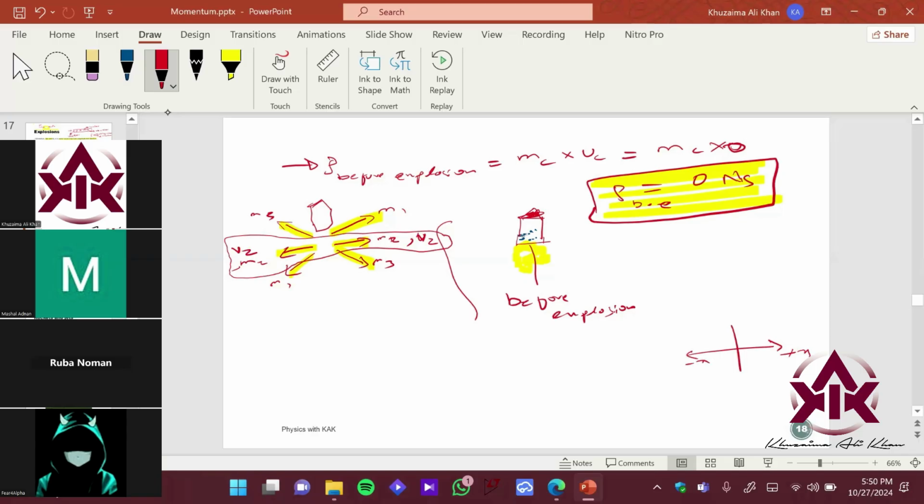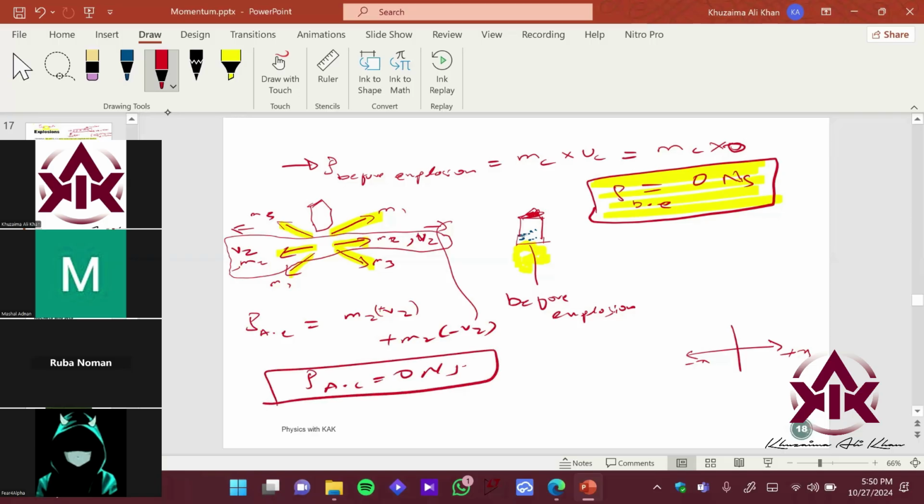So if you find the momentum after explosion, that is going to be as follows, right? That is M2 V2, the V2 is going to be positive because this is in the right direction, and this velocity is going to be negative because it's going in this direction, right? Plus M2 into negative V2. So the momentum after the explosion is going to be 0 Newton second, because momentum is also a vector quantity.